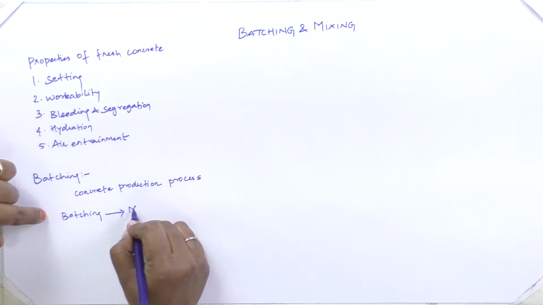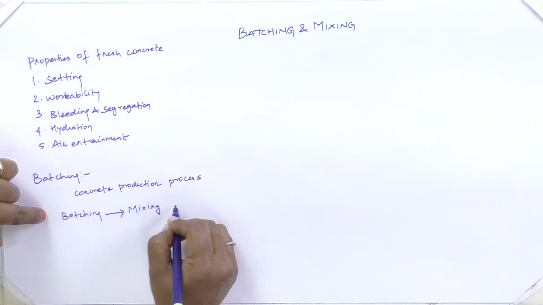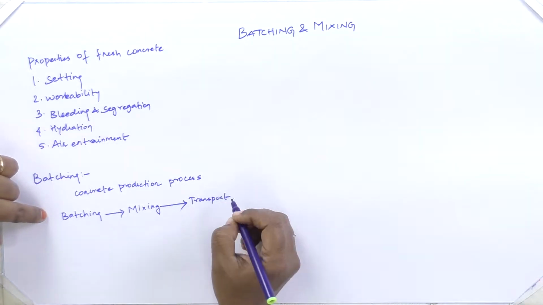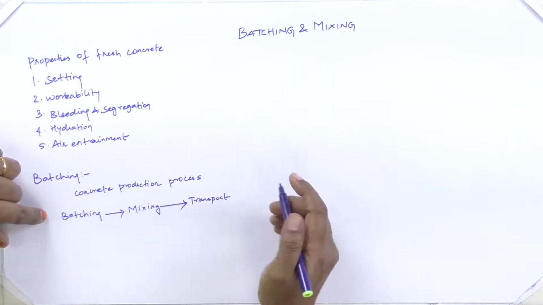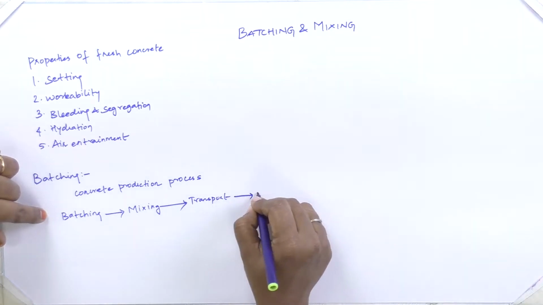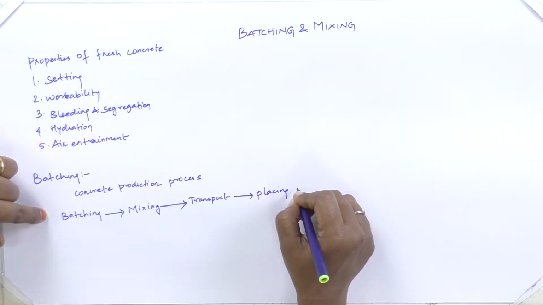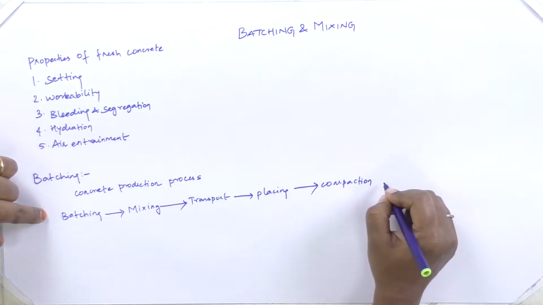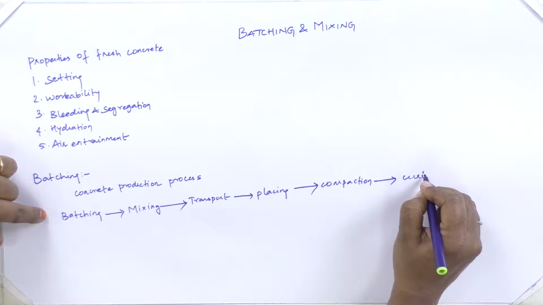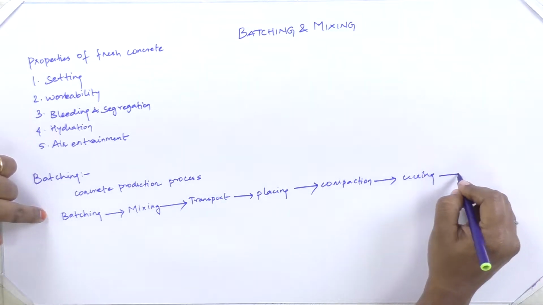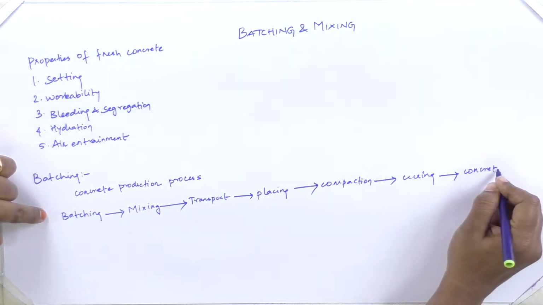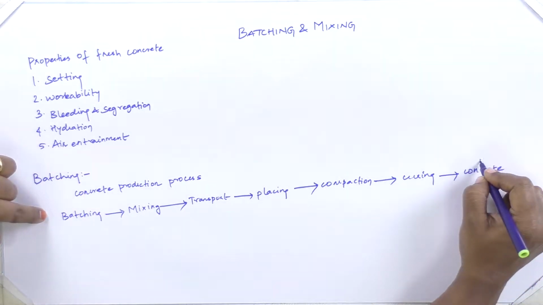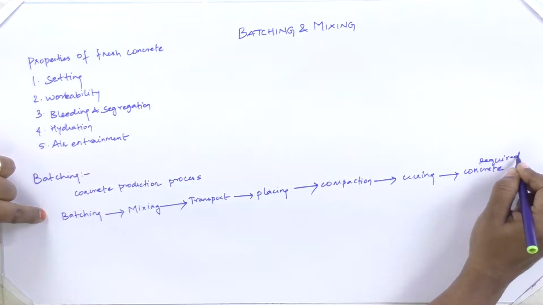Next, we have to mix it, that is mixing. Then transport to the place where it is to be placed, placing. Then after placing, we have to compact it, and finally we have to cure it, and the end product is the required concrete.